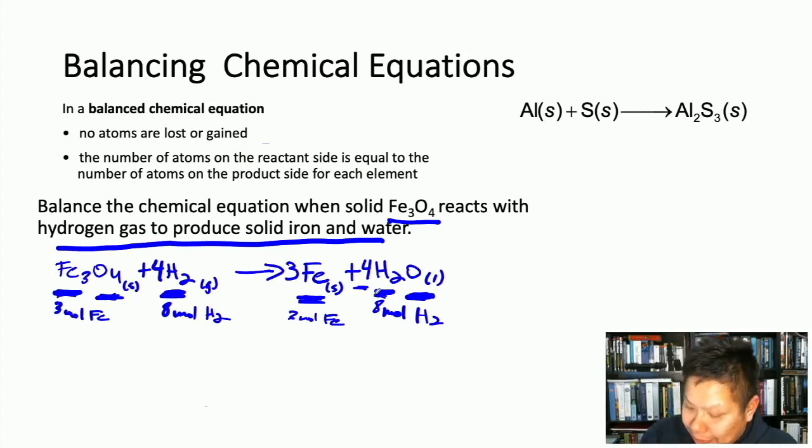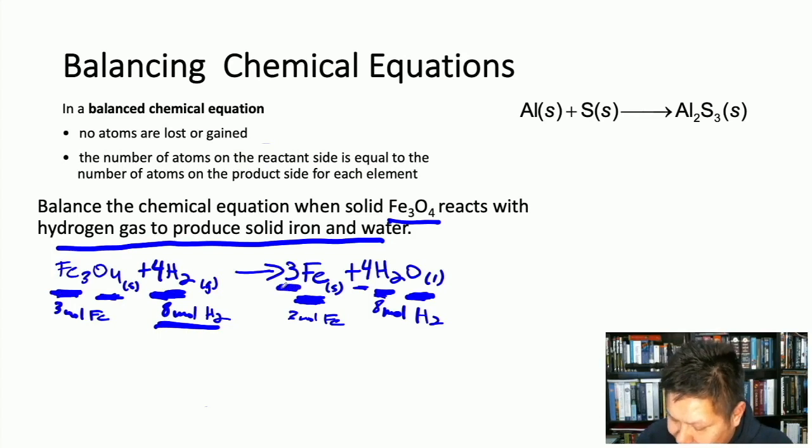So how do we get 8 hydrogens on the reactant side now, right? Well, simple. You put a 4 in front of the hydrogens, now you have 8 hydrogens, right? On both sides. And then we were lucky enough where iron on the product side there was only 1 of them, and then we had 3 irons on the reactant side. So just to match up and balance the 3 irons from the reactant side with the 1 iron that's on the product side, all we had to do was multiply that by 3, right?